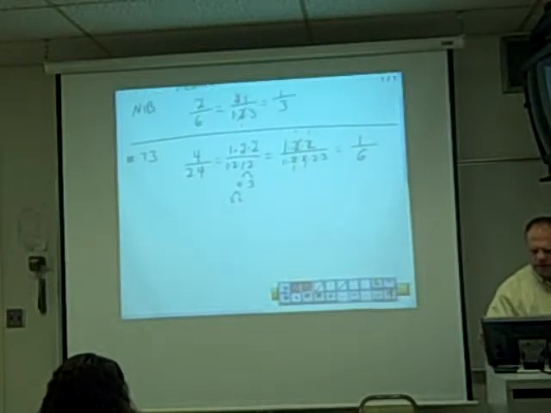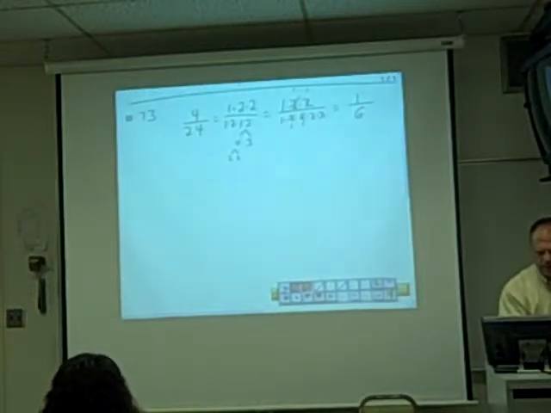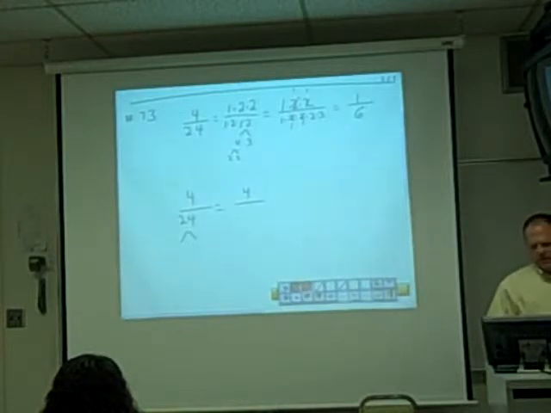So another way that you could have reduced this fraction is you could have said 4 over 24, and then just break down the 24 into 2 factors, such as, what would 2 numbers times to give you 24? Okay, 12 and 2. Well, this time I'm not going to break them down into the prime factors.